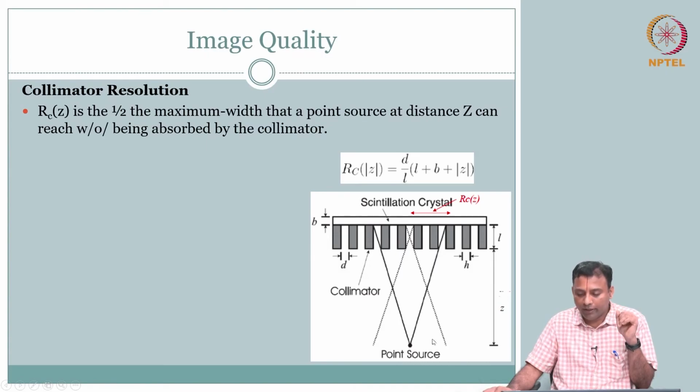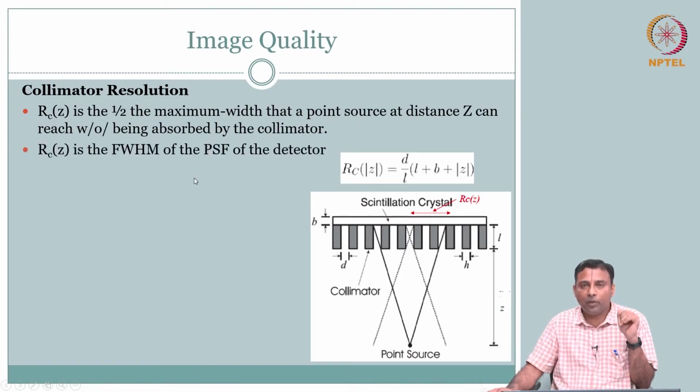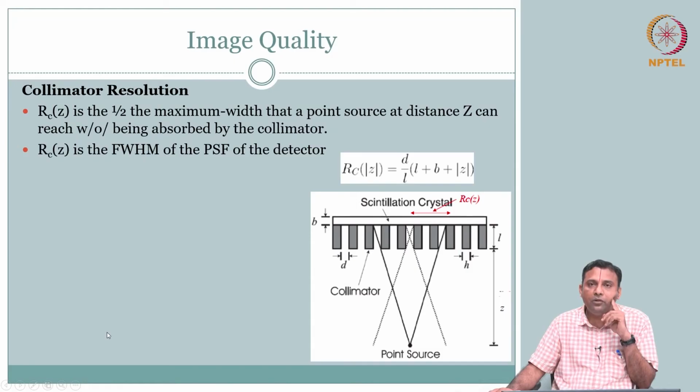So, it can go through, okay. So, this is your full width at half maximum of the point spread function of the detector. But what is important here? You notice this RC, or resolution, is a function of Z. What does that tell you?